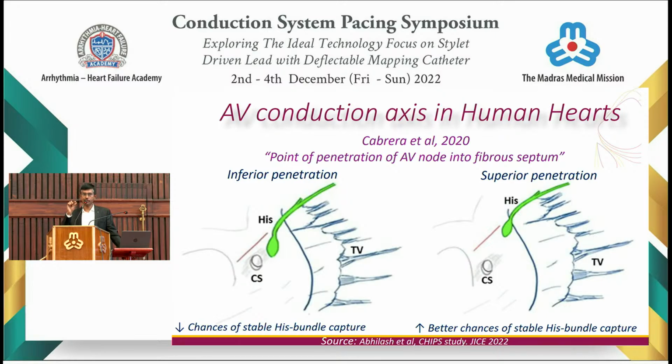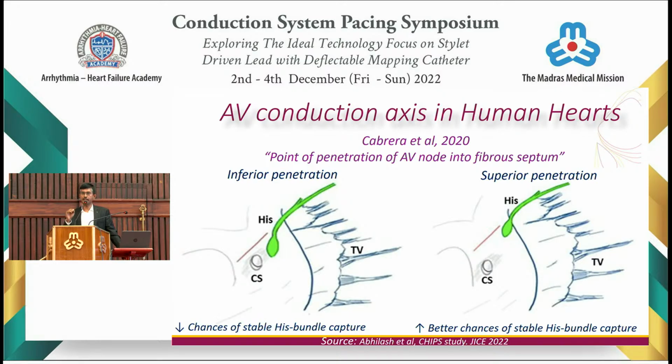So the site of penetration of the AV bundle into the membranous septum with respect to the Cox triangle is what he was trying to explain. As shown on the left side of the slide, this is a schematic again drawn by my colleague Dr. Abhilash, adapted from Cabrera's paper. So where the His bundle is located within the Cox triangle, is placed much more inferiorly.